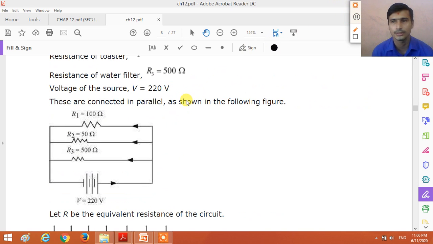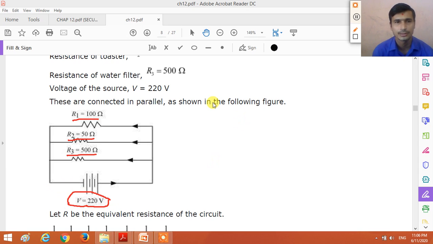So dear students, here the three resistances: first R1 is equal to 100 ohm, R2 is equal to 50 ohm and R3 is equal to 500 ohm, connected in a parallel combination with a source of battery of 220 volt, right?